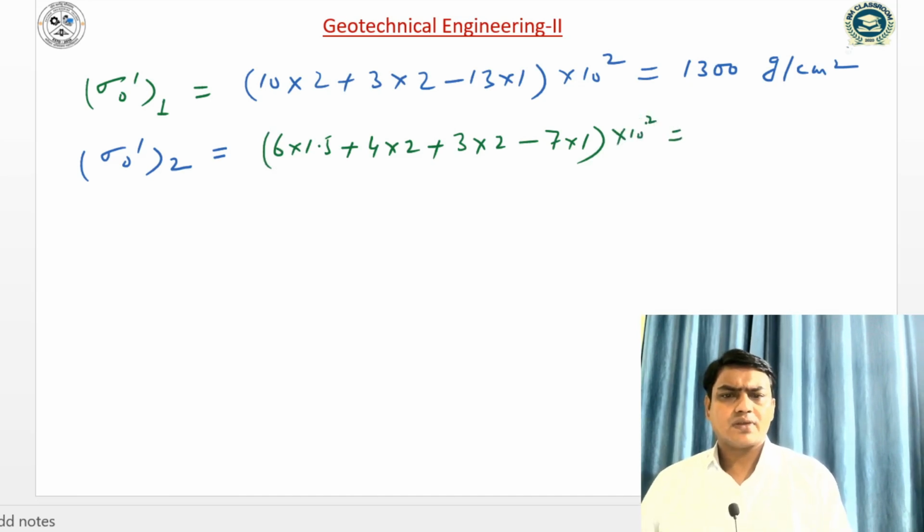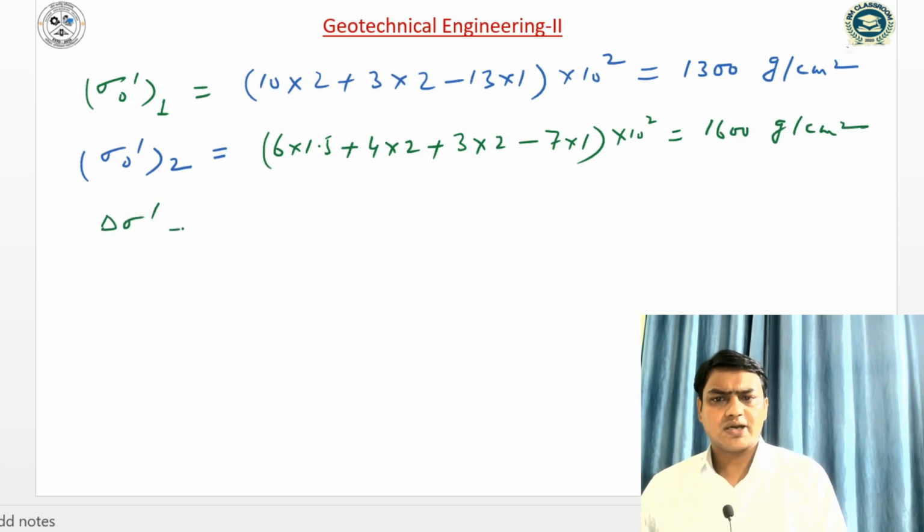So it will be 9 plus 8, 17, 17 and 6, 23, 23 minus 7. So 16. So 1600 gram per centimeter square.